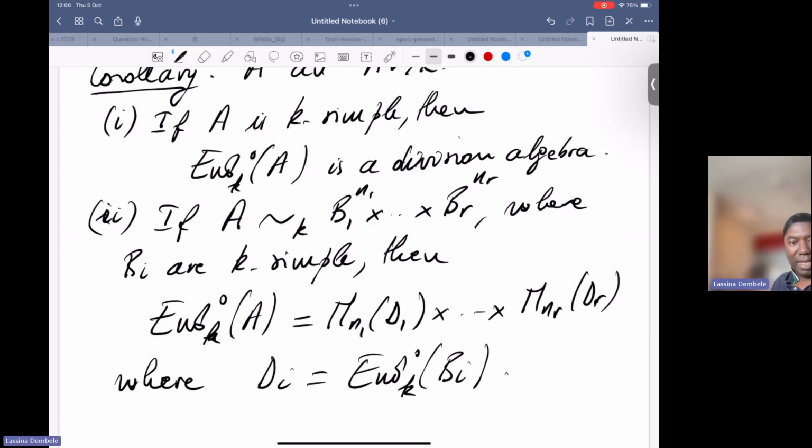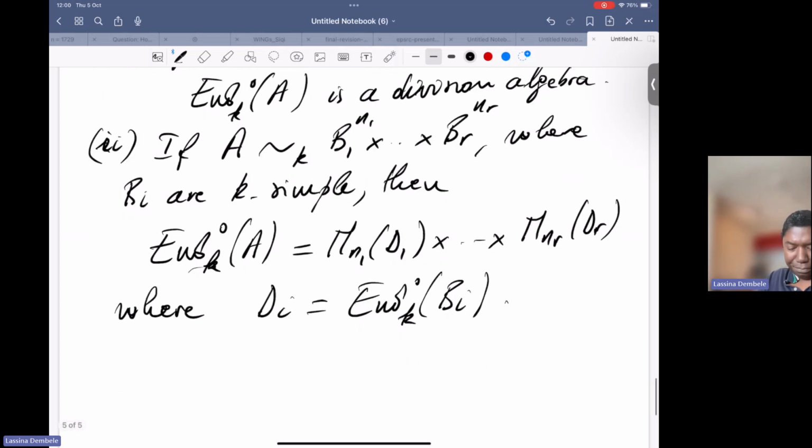And the first part of the lemma tells us that this endomorphism ring is a division algebra. So you get that the endomorphism ring of your abelian variety A is just a product of matrix algebras over division algebras.